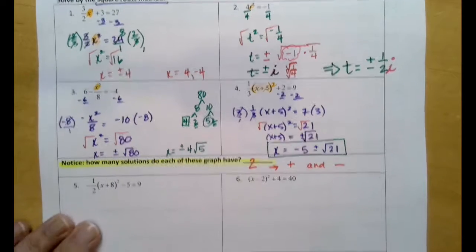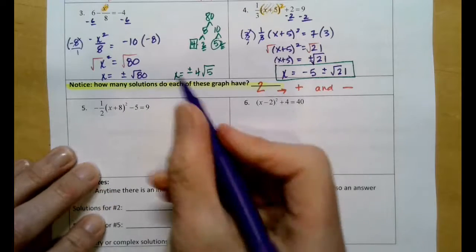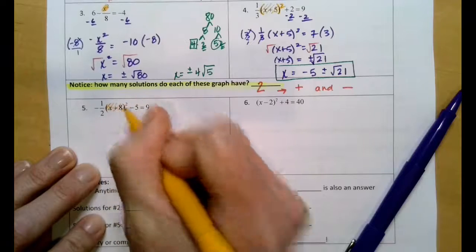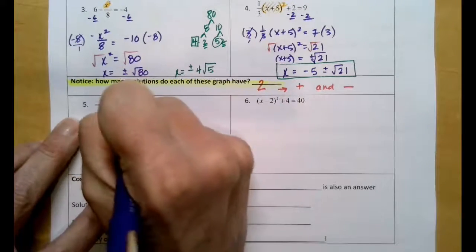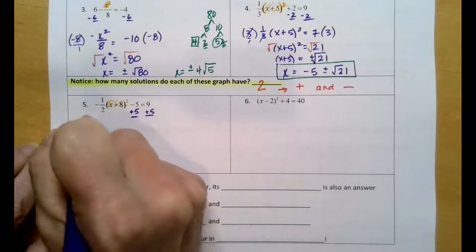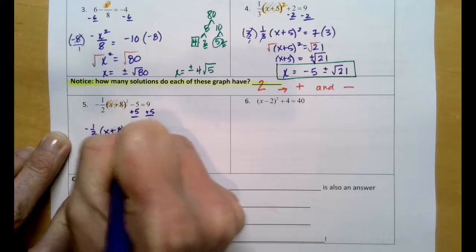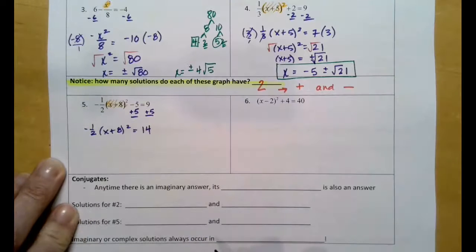All right, let's talk about number 5. So my job is going to be to get this squared expression by itself on one side of the equal sign. So I'm going to add 5 to each side. That's going to give me negative 1/2 times x plus 8 squared is going to be equal to positive 14.